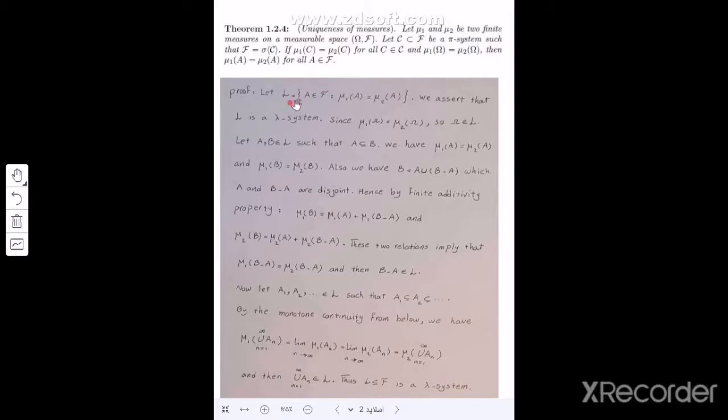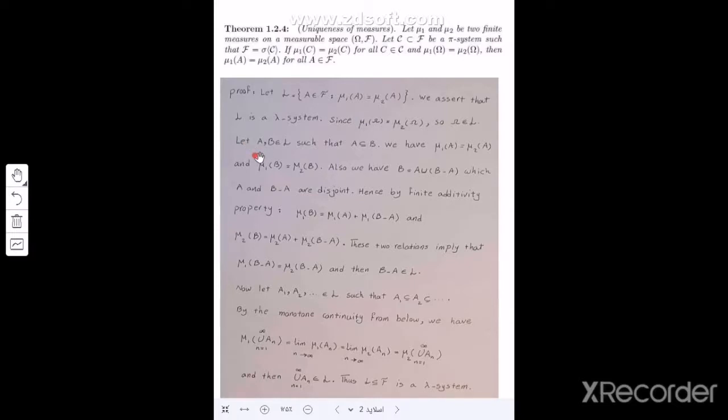We want to show that this L is a lambda system. You must know the definition of lambda system. For the first condition, we have to show omega is a member of L. By this condition, mu1 of omega equals mu2 of omega, we see that omega is a member of L, because by the definition of L, every A with this property is a member of L. So L has the first condition of a lambda system.